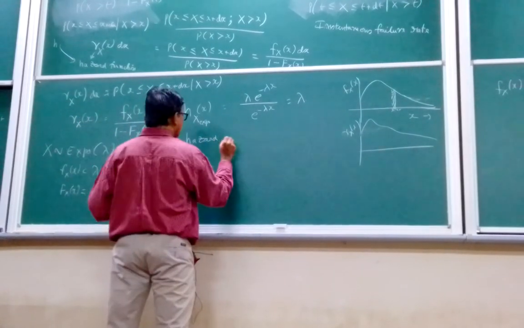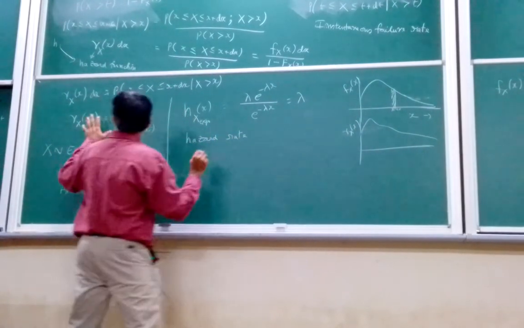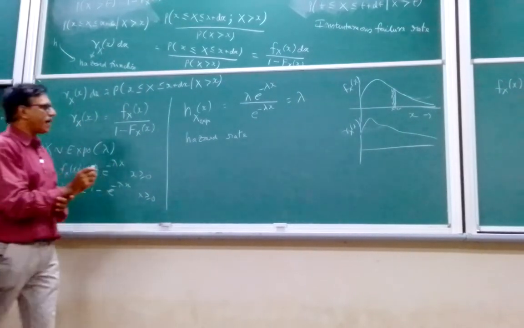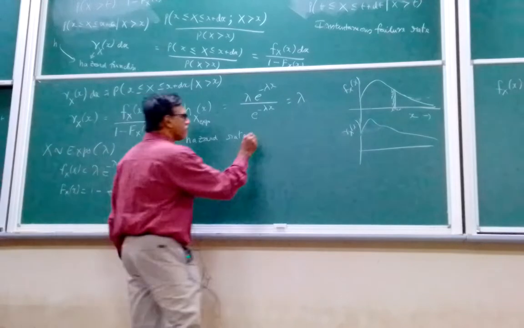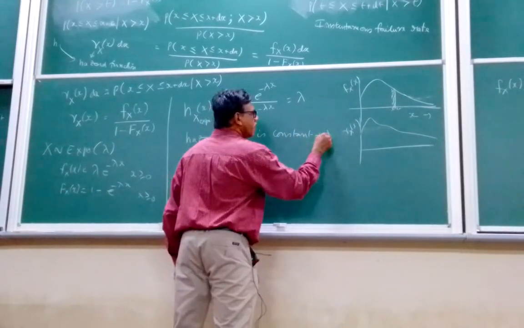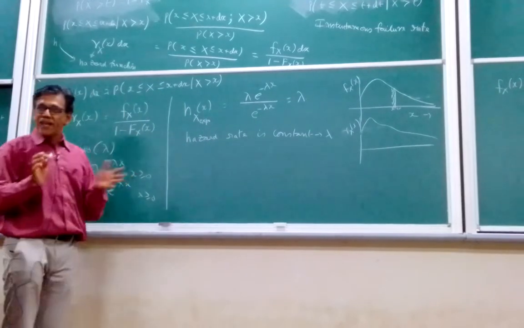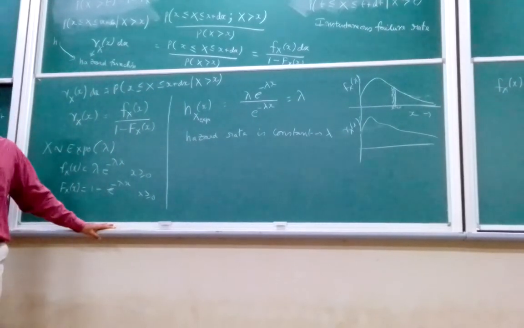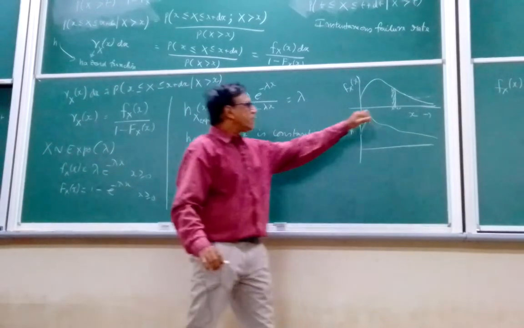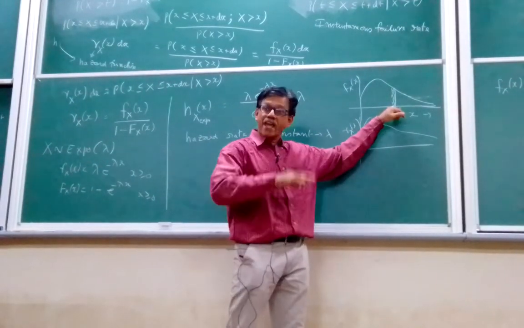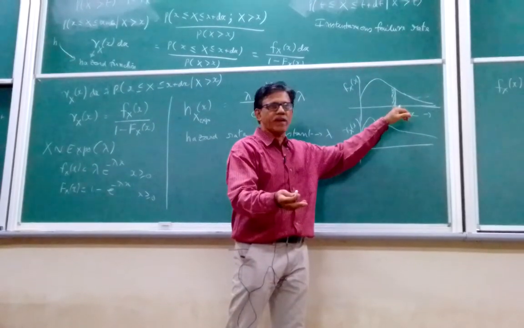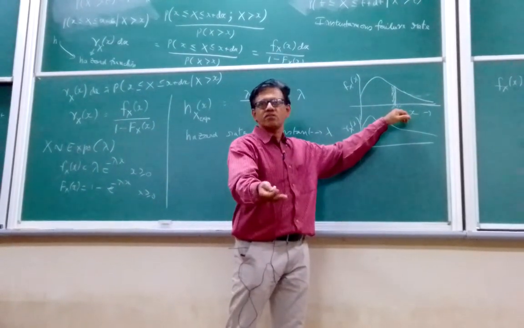Now, generally, this hazard rate is defined as this. For the exponential random variable, the hazard rate is constant, and that is lambda. For any other random variable, it can be a function of x, because the instantaneous failure rate depends upon the age of the component. The more age it has, the more likely it is to fail in the next instant.